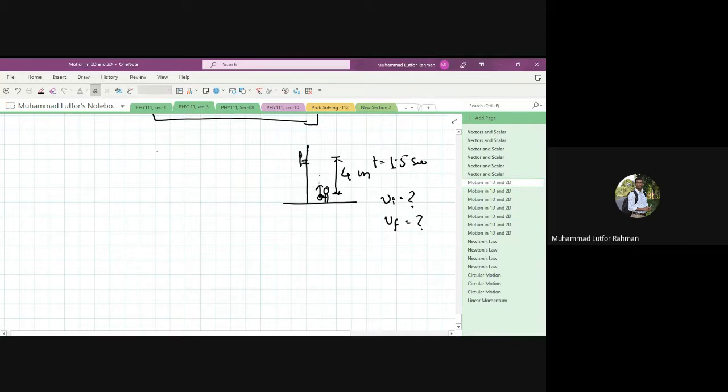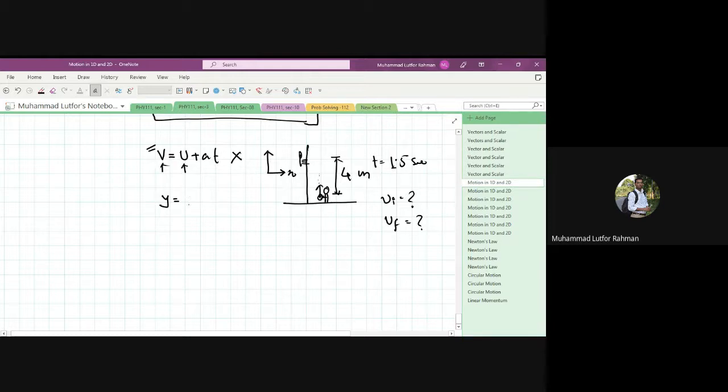Now, if you want to use the formula which is familiar to you, v equals u plus at, that's not going to work for you over here, because this is your final velocity and this is your initial velocity, both are unknown to you, right? So I cannot use this equation over here. But I can use the formula if I write, since I choose this as my vertical direction and this as my horizontal direction, I use that reference axis over here.